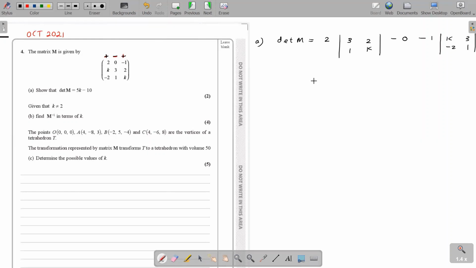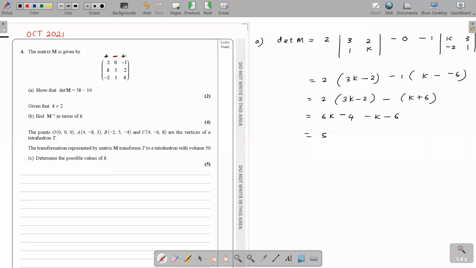Are you with me? 2 times 3k minus 2, minus 1 times k minus 6. Open the bracket: 6k minus 4 minus k plus 6... so this becomes 6k minus k is 5k, minus 4 minus 6 is minus 10. 5k minus 10. Yeah, so that's the show that.